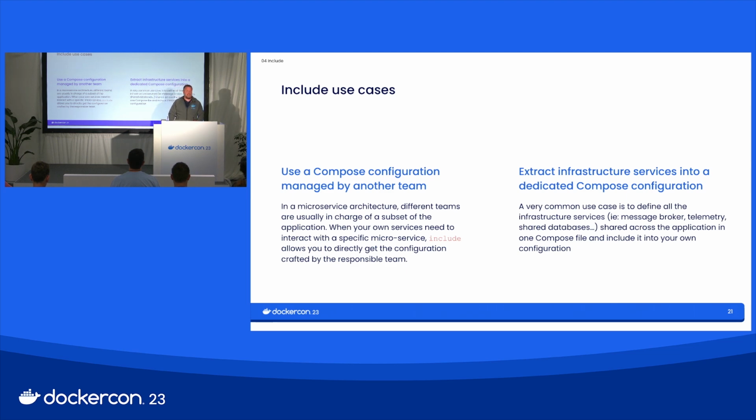That way you may have an infra team in charge of declaring all these technical services, and then you can just import them and use them on your own. That's definitely a problem we had internally for the hub. We have a Kafka queue somewhere and different stuff like that. Now we are able to have only one declaration of that and use it in the different microservices of the hub.